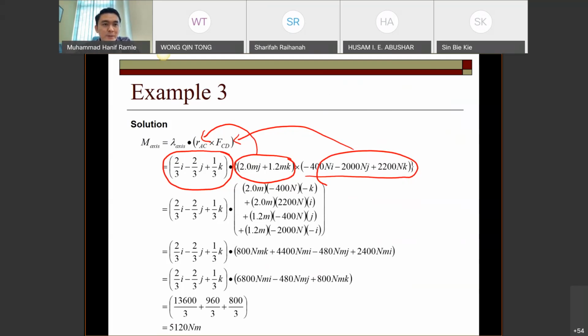We only practiced on how to determine R just now, and the later exercise example, you have to practice. Is there any question before we proceed?